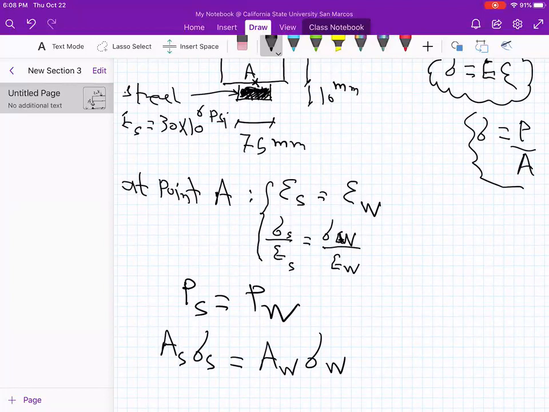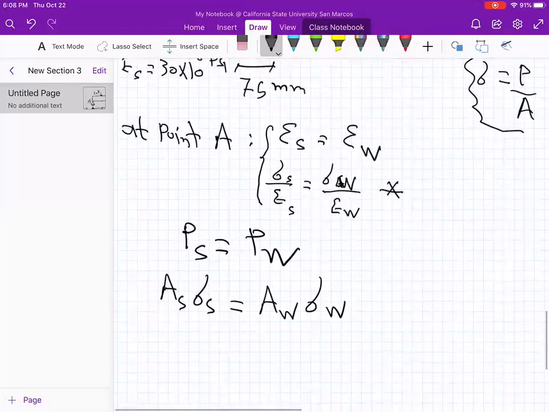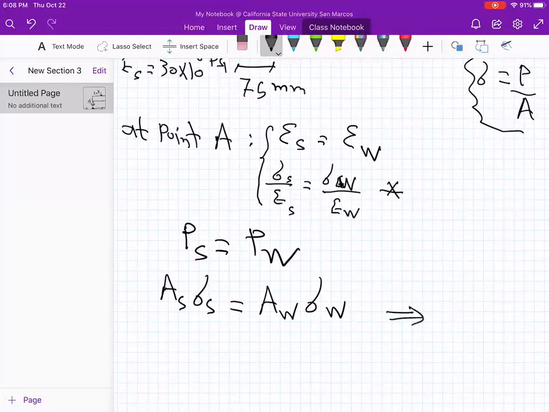Now look at this equation. Instead of the stress of steel, we can write everything based on the wood. So let's modify this formula A_S, and instead of sigma_S, write E_S over E_W sigma_W. Do you agree with me?